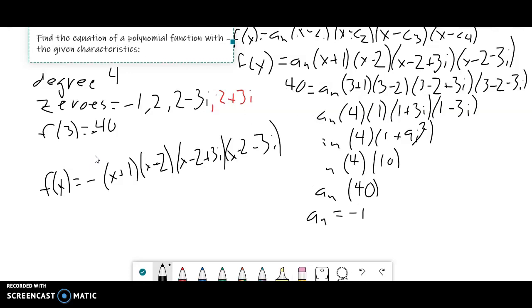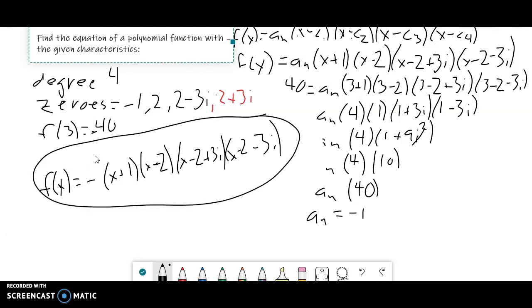And now that we have our leading coefficient along with our zeros, we know exactly what the polynomial is supposed to look like. Hopefully this has been informative.